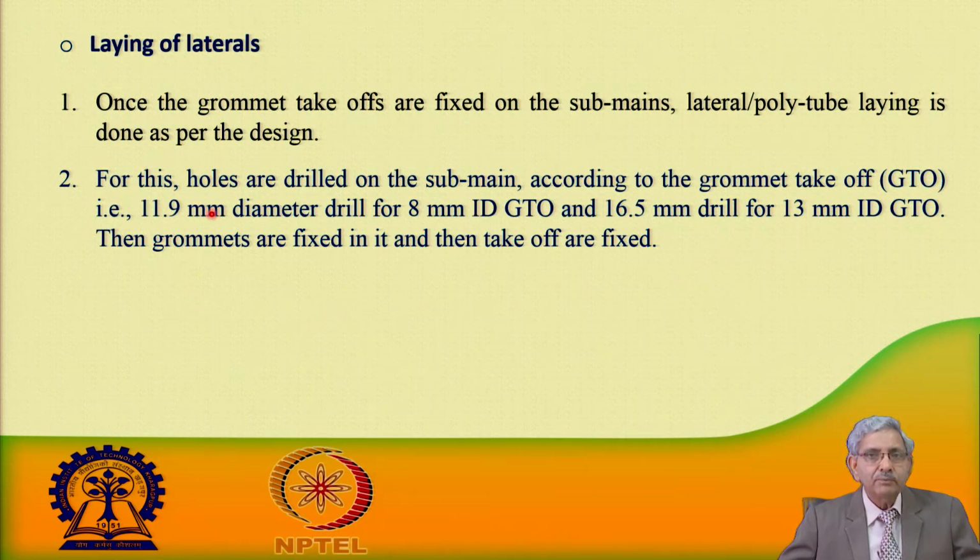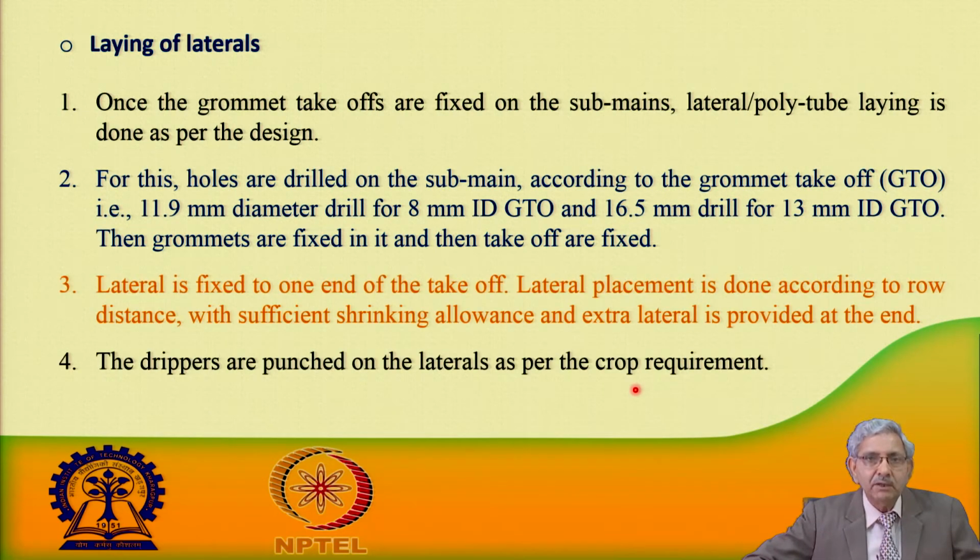If the size of the grommet takeoff is 8 millimeter, then an 11.9 millimeter diameter drill bit is used, and if the pipe size is 13 millimeter, then a different bit is used, because we need to put the grommet for connecting the lateral pipeline. So, these are some basic arrangements needed to properly connect the lateral pipeline with the sub main pipeline.